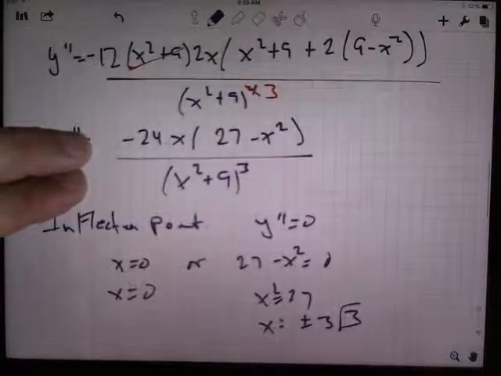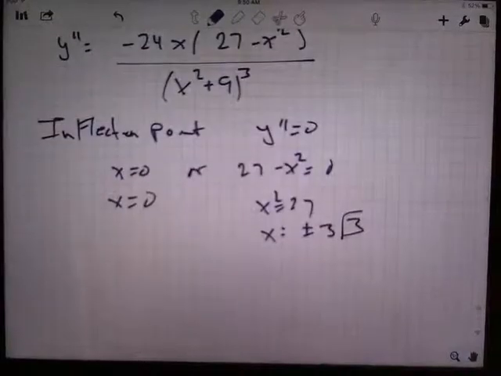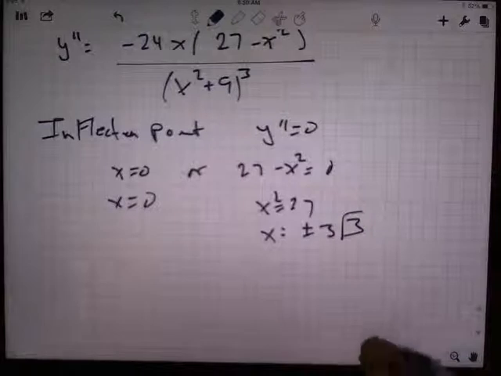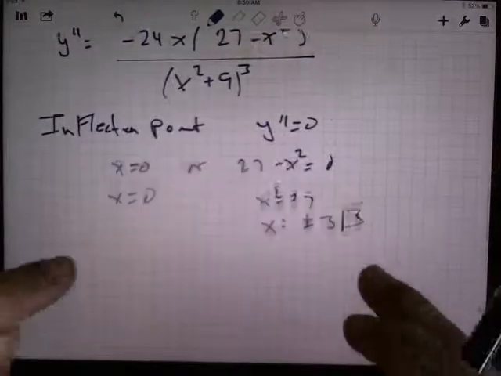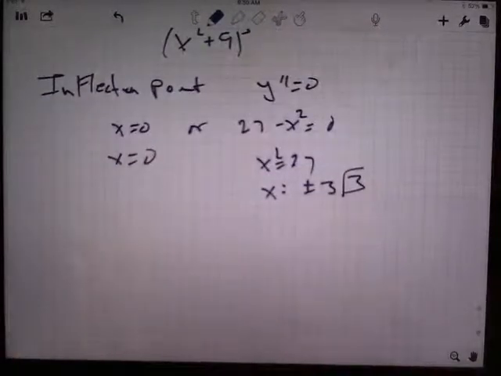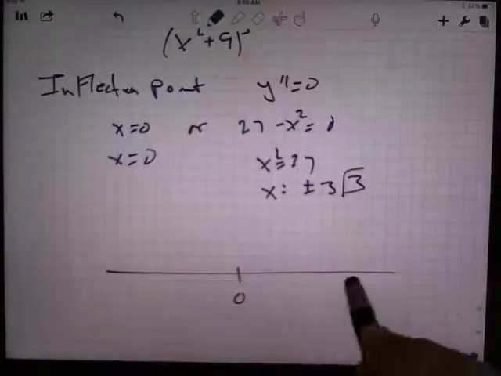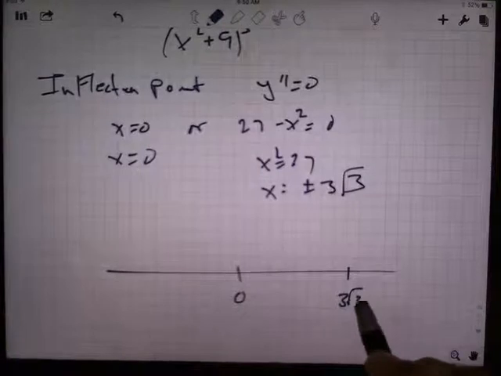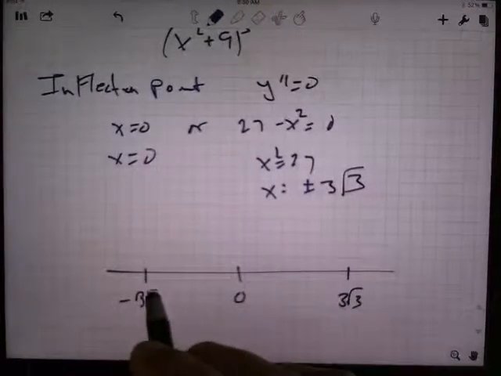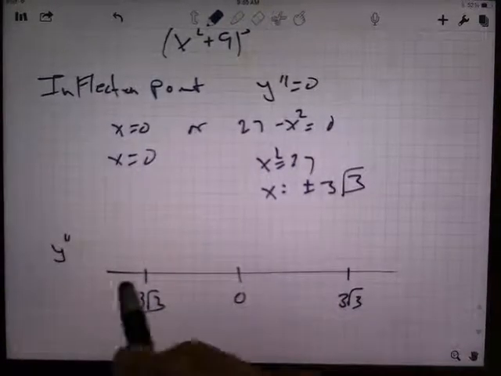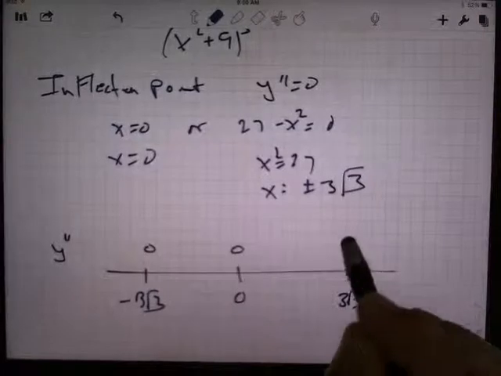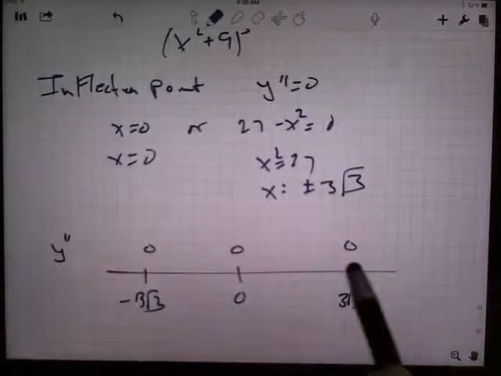Again, this is where calculus textbooks drive me nuts because it's like they think you don't know what the graph looks like yet. So they say, oh, here's what you got to do. You say, okay, here's x equals 0, here's x equals 3 radical 3, and here's negative 3 radical 3, and you're looking at the second derivative. This is where the second derivative is 0. And then I got to check in between, is it positive, negative?